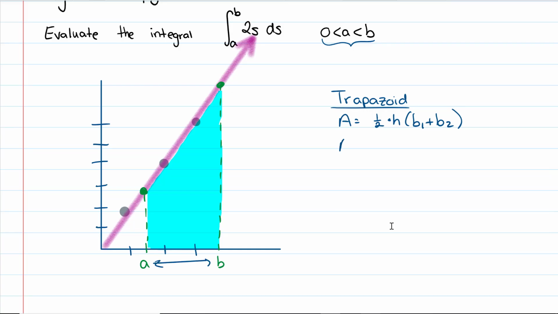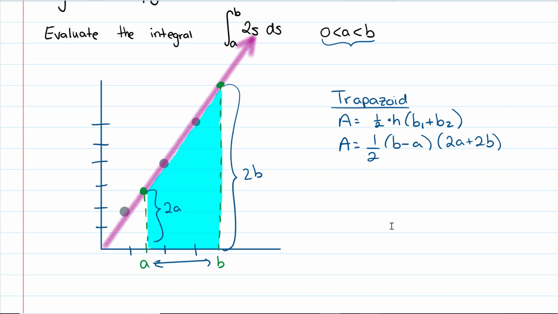So the height is b minus a. And the height here is going to be 2a. And the height here is going to be 2b. So times 2a plus 2b.